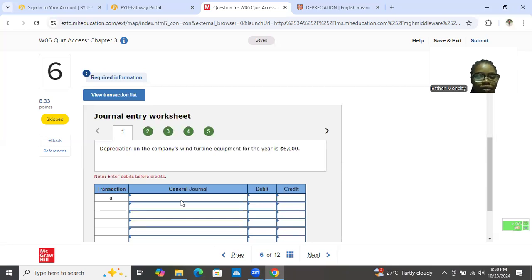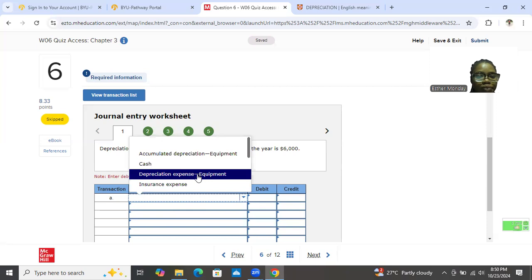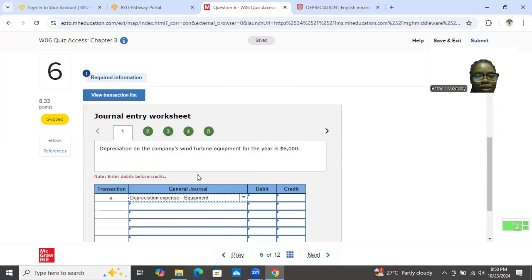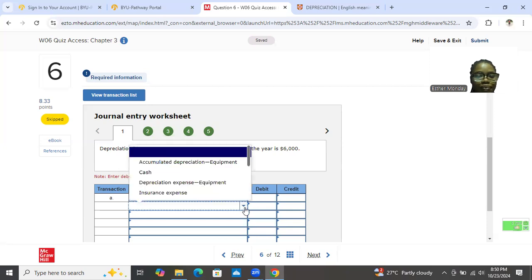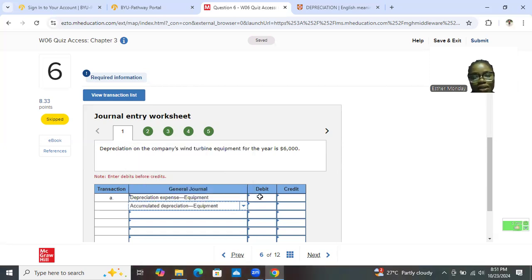So we are now going to put down the depreciation expense, equipment, and then the accumulated depreciation, equipment.